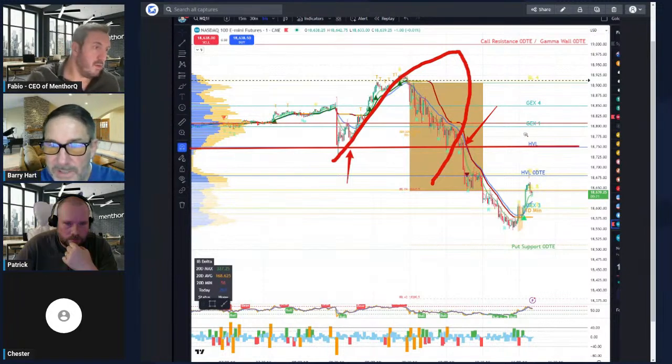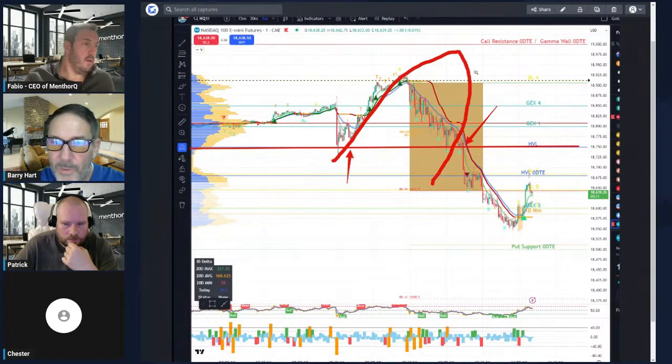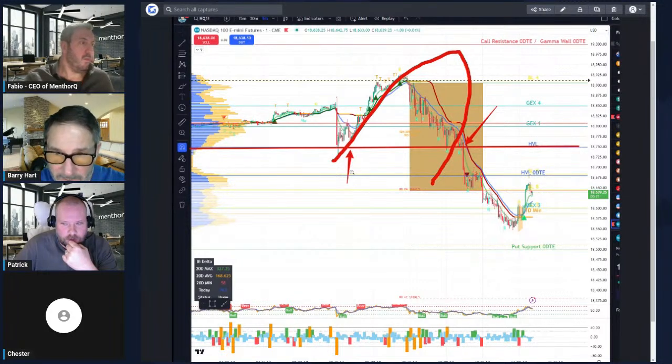So I journaled this setup before I took it. I call this the JP break, but there's 100 ways that this trade would have worked. I'm going to show you a bunch of different setups. So the JP break is when the market starts in one direction and goes in another direction and breaks through that level.